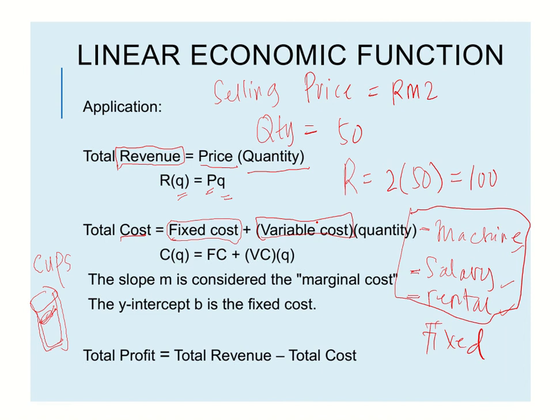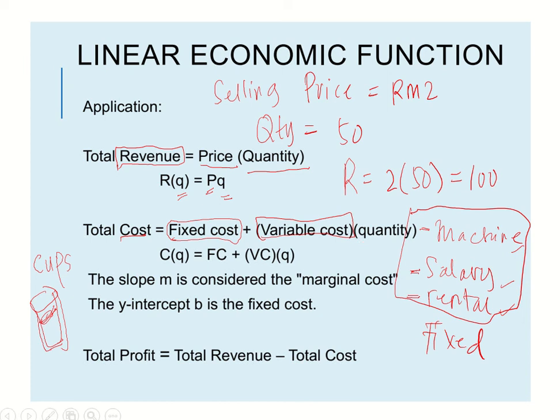Of course, the variable cost here is per cup, so you have to multiply by the quantity. The more you sell, the higher the cost incurred. If you only sell 2 cups, your cost paid is much less compared to if you sell 200 cups.